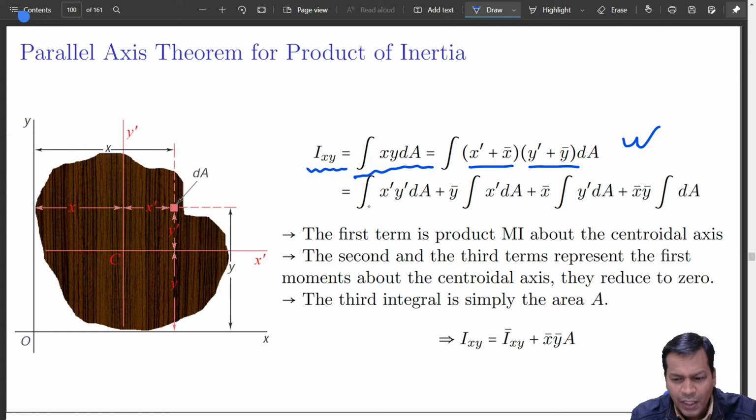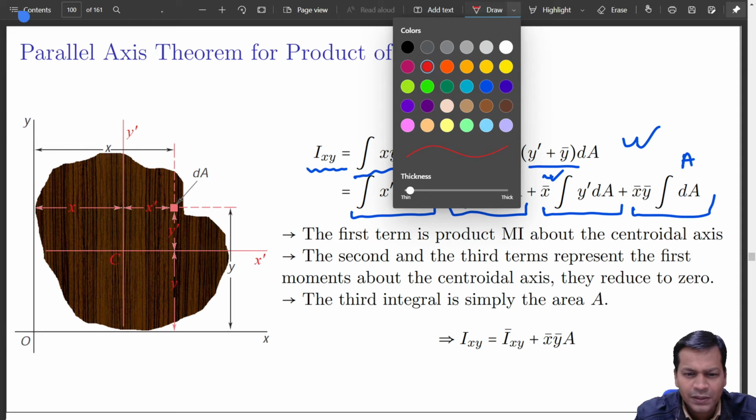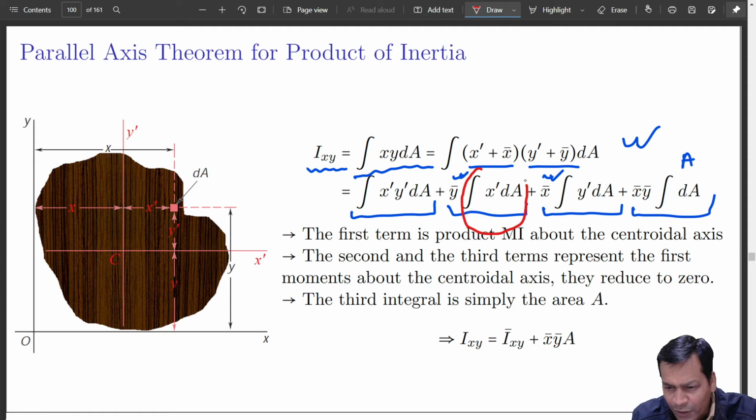Now I will split them all. So it gives me this first term, second term. X bar y bar is a constant that will come out, so this will give me directly the area. Now you know very well what this is and why this is equal to 0. This is the moment of an area about an axis which is passing through the centroid. The third is again a similar term.